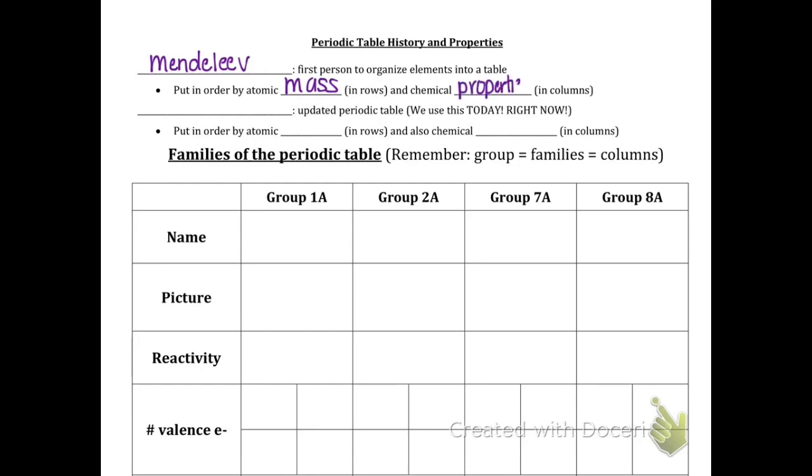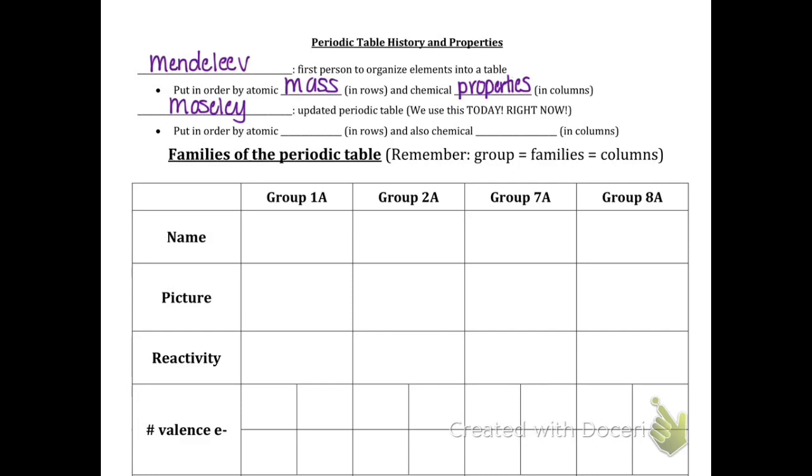There were a bunch of other people who came up with periodic tables, but he is the most popular one that started it out. Now later on, there were other discoveries made, and so eventually an Englishman named Henry Moseley updated the periodic table so it makes a little bit more sense.